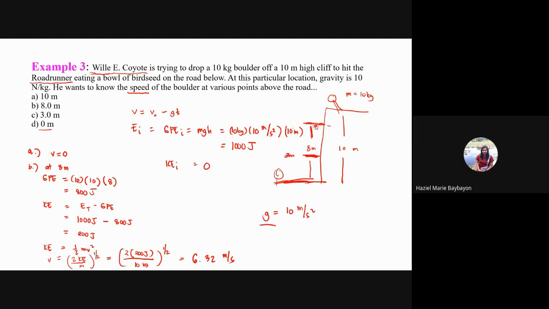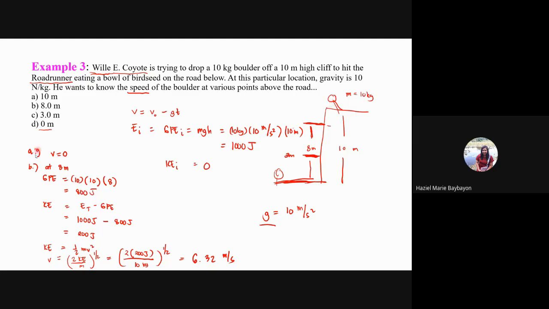So at this particular point, it now has kinetic energy. Take note that the total mechanical energy before is equal to the total mechanical energy after. Initially, it has 1000 joules of energy, and here, if you add up the gravitational potential energy and the kinetic energy, it would sum up to the initial 1000 joules. Okay?